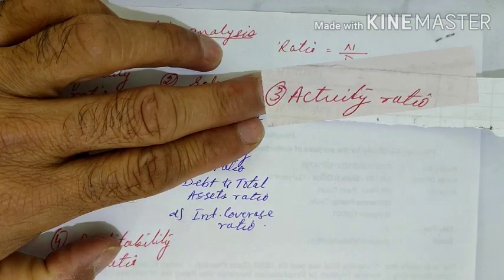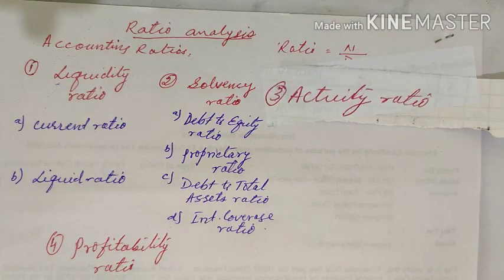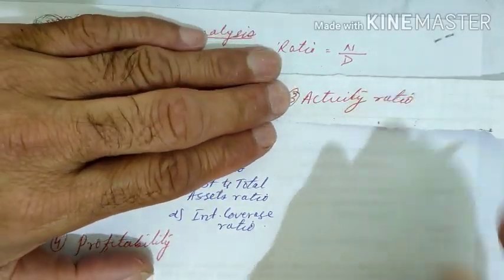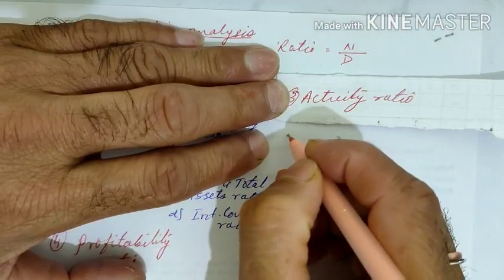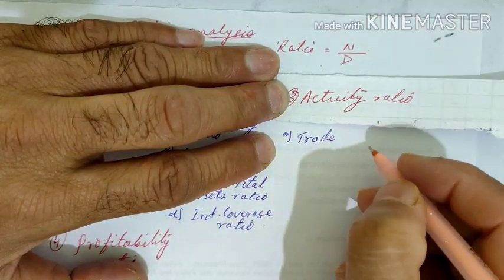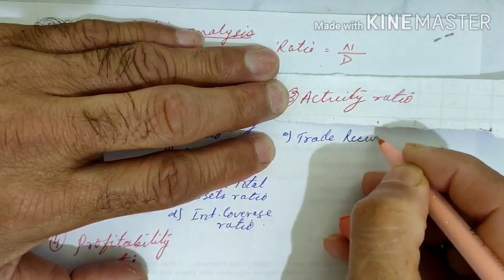Activity ratio shows the performance of a business, how well a business enterprise is using its resources. That means how well the business is selling its resources and generating profit. Under the activity ratio, number A, trade receivable turnover ratio.